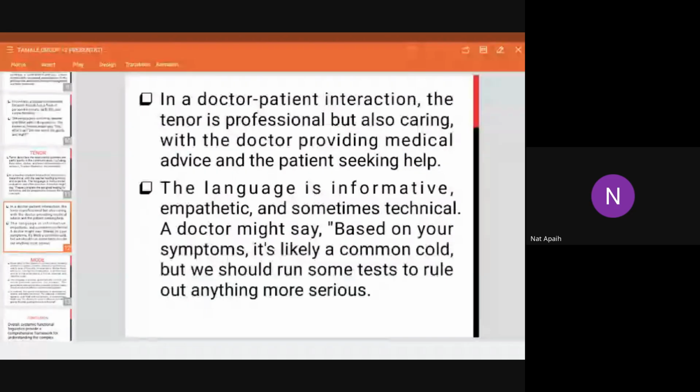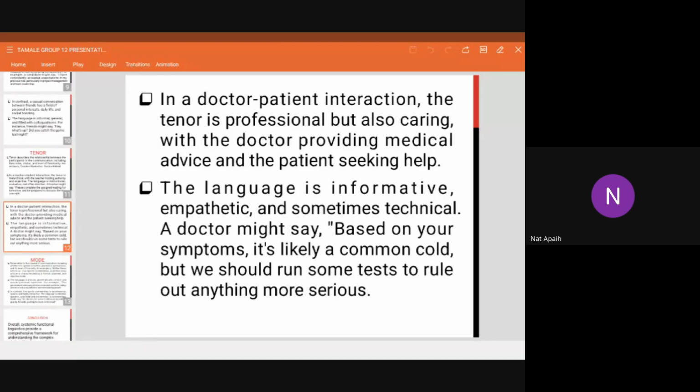The doctor-patient relationship also influences how communication is done. For that matter, the language is informative, empathetic, and sometimes technical. This is different from the teacher-student relationship, where the language might be instructional and evaluative.